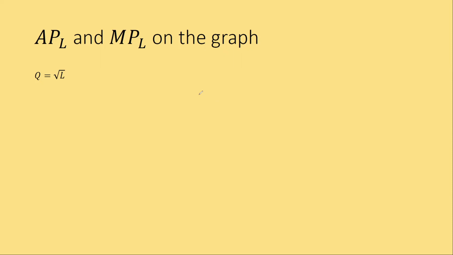Let's say our production function of a single input, labor, is Q equals the square root of L. To draw this production function, we put units of labor on the horizontal axis and the units of output we can produce on the vertical axis.